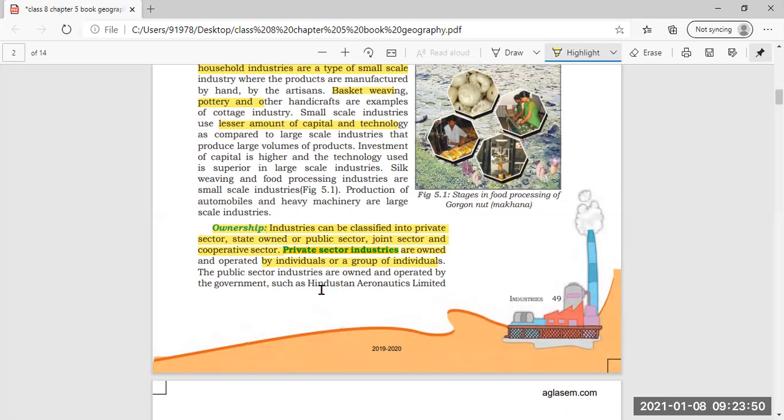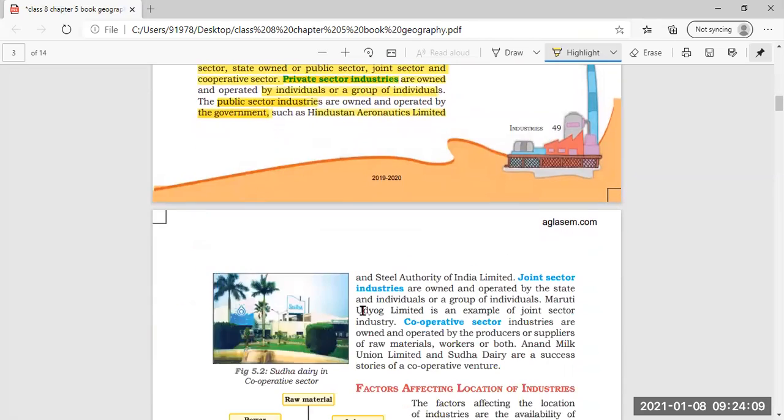And the next, second, is public sector industries. They are owned and operated by the government. So these public sector industries are owned and governed by the government only. An example is given: Hindustan Aeronautics Limited and Steel Authority of India Limited.